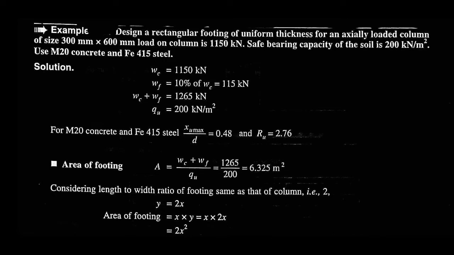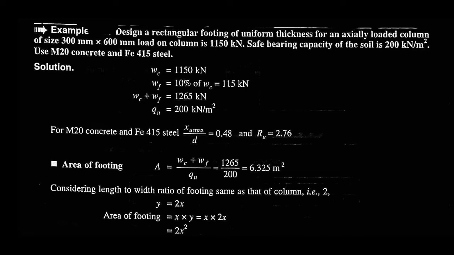Now the area of footing, capital A, is (Wc plus Wf) by qu, that is equal to 1265 by 200, that is equal to 6.325 meter square. Now considering the length to width ratio of footing same as that of column, that is 2, so y is equal to 2x.